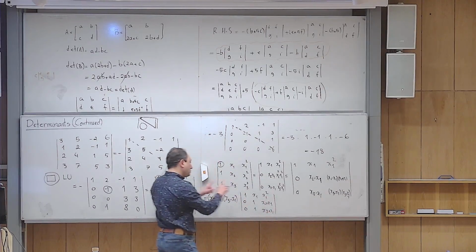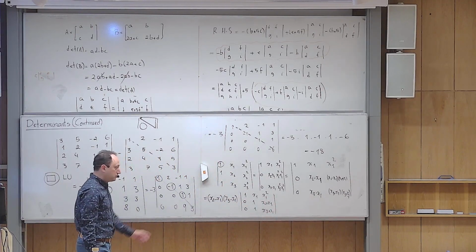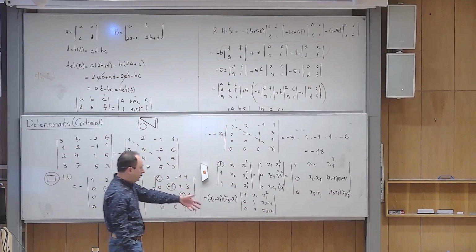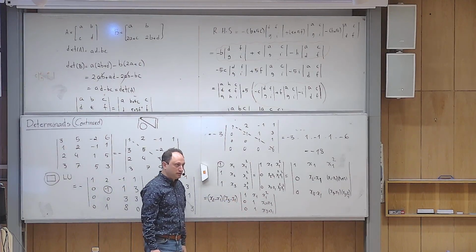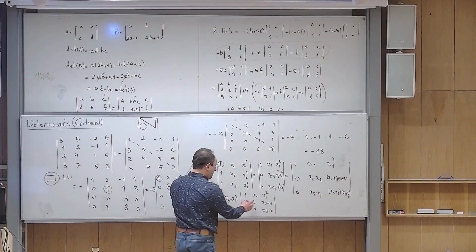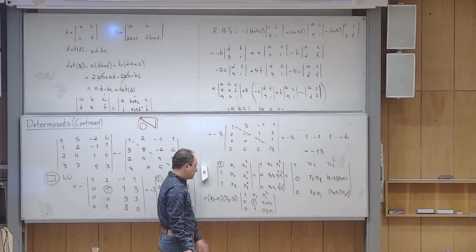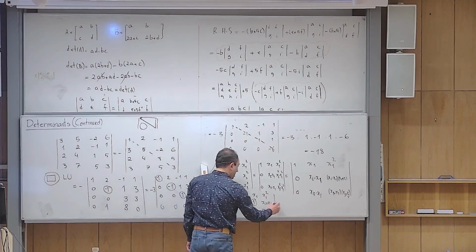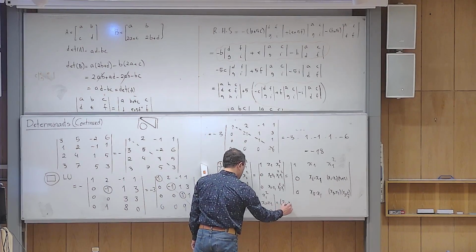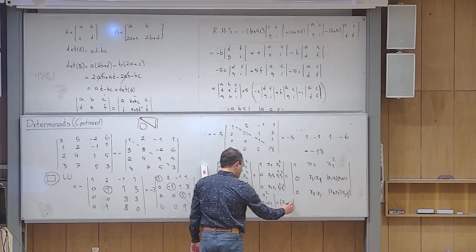Okay, now I go back to my algorithm. I hope that you agree applying the algorithm on this is easier. So what I do, I focus here and I use this to get rid of this 1. So what should I do? I copy and paste whatever I have here. So it's x2 minus x1. And then I have x3 minus x1.